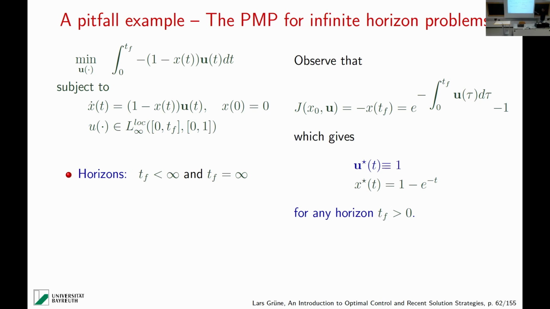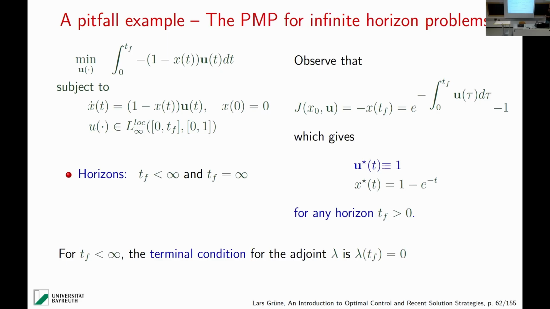And this is true for any horizon, be it finite or infinite, right? There is only one solution for the optimal control, and this is u constant equal to 1, and you see it's nicely bounded, so nothing explodes from 0 to infinity, because as t tends to infinity, this term goes to 0, so it converges to 1.